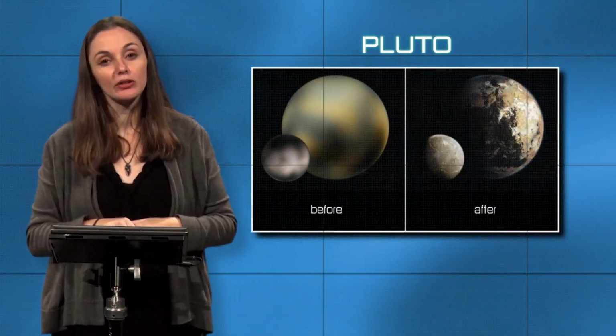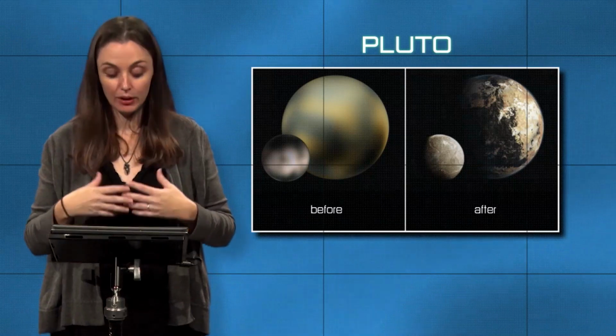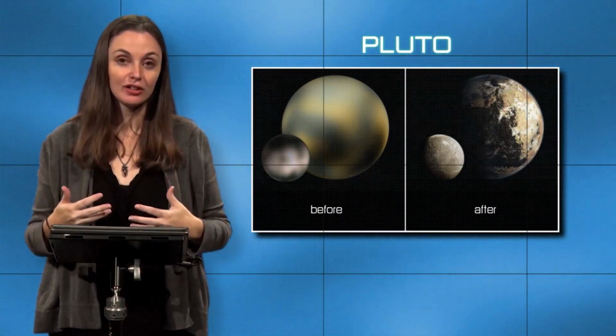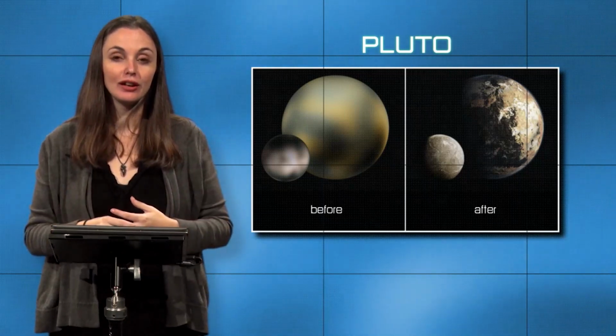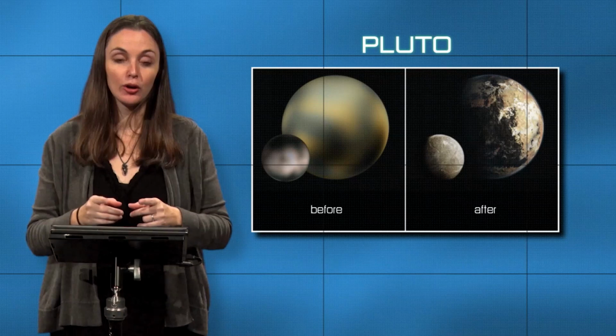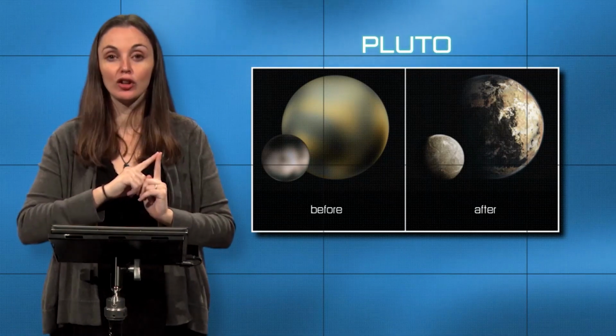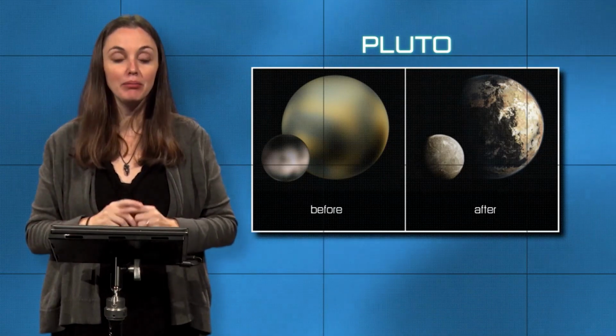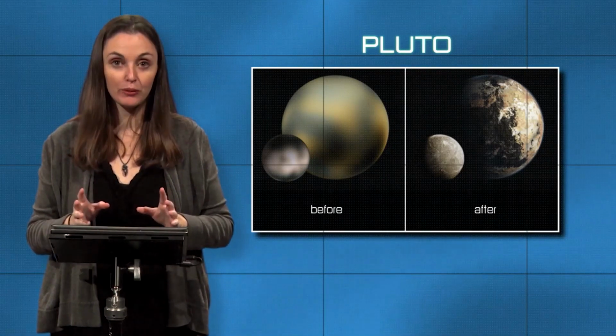Now, in part because it was originally a planet, and in part because it is one of the easiest, effectively, to study, NASA commissioned a 10-year mission. It actually took 10 years for a probe to leave Earth and travel all the way out beyond the orbit of Neptune and take many, many pictures of Pluto.